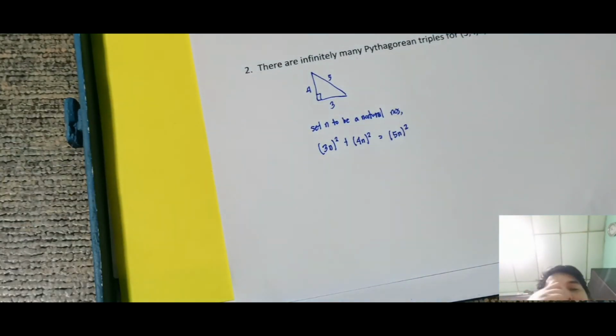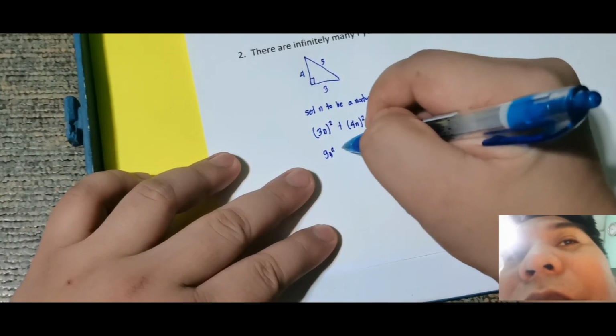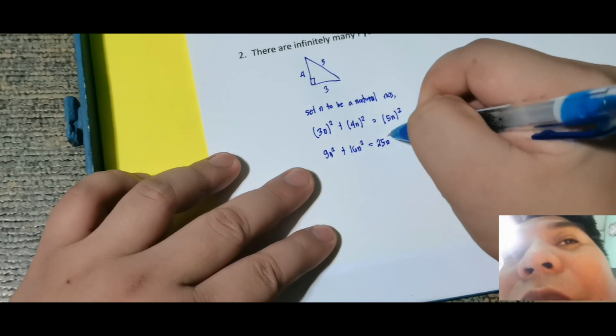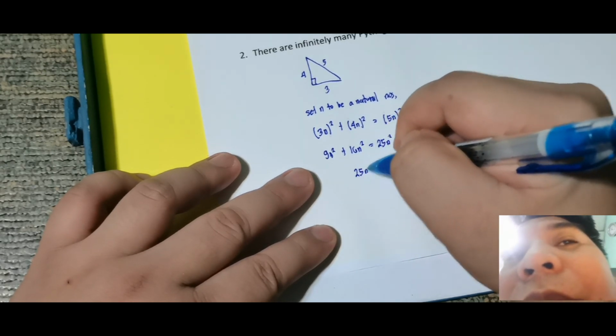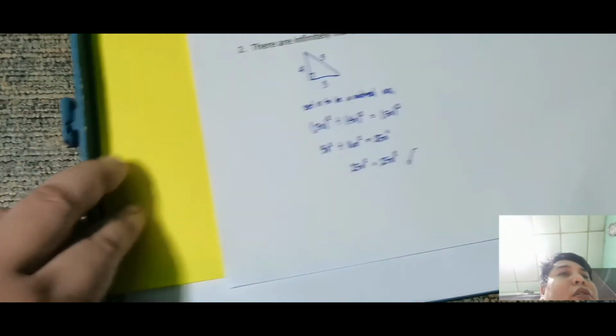So, check natin kung mag-e-equal yan. Then pag nag-check yun, therefore, meron tayong formula na 3n, 4n, 5n. So, this is 9n squared plus 16n squared is equal to 25n squared.